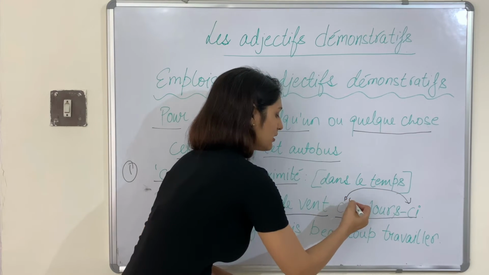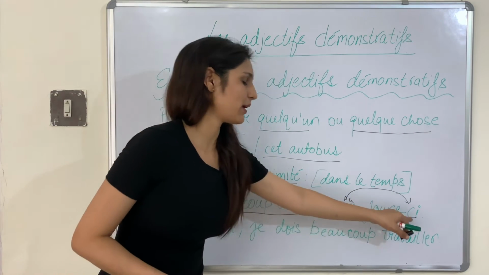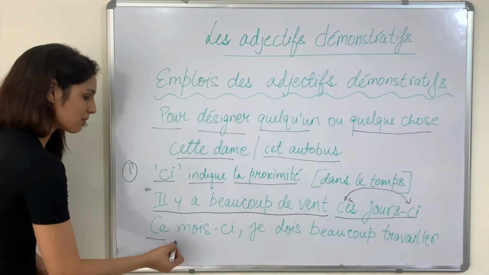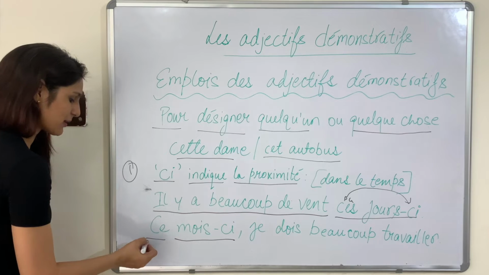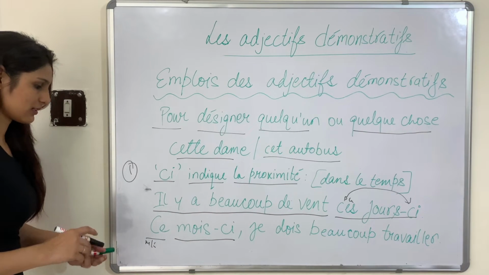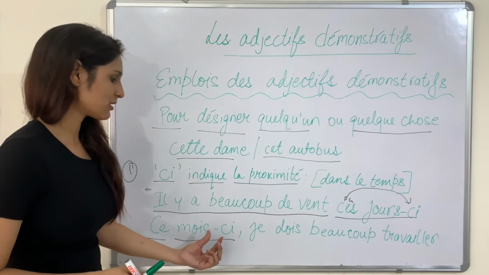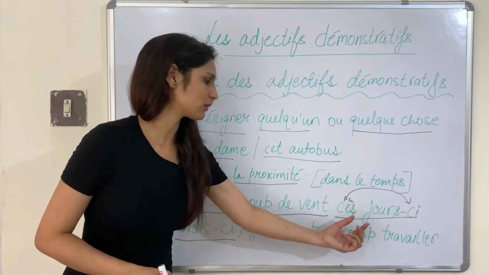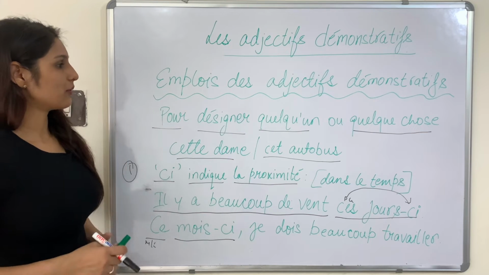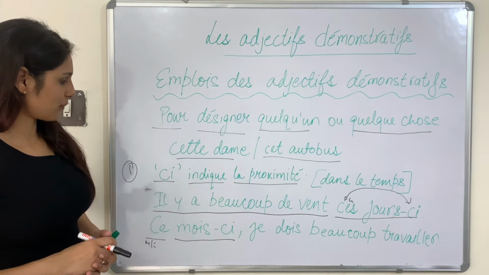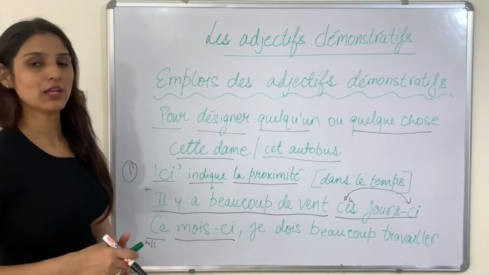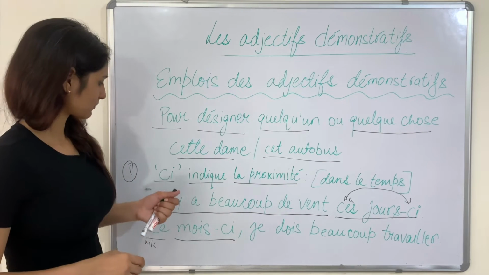This one is plural. This can go with any of the four we have. Now, ce mois-ci, this is masculine and singular. Over here also ci is coming. Ce mois-ci, this month, je dois beaucoup travailler. I should work a lot, or I must work a lot. Now, we will talk about the second point where we use this ci with all of these four démonstratifs.